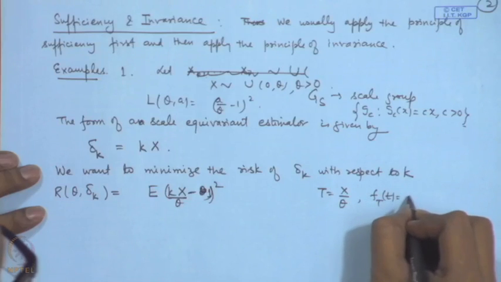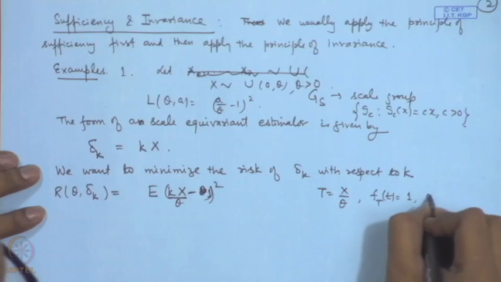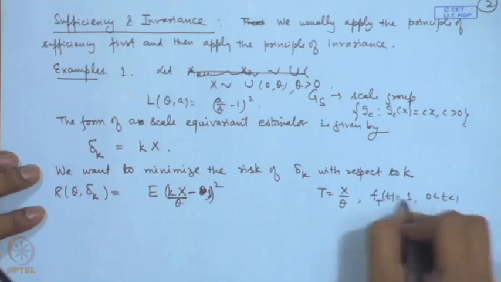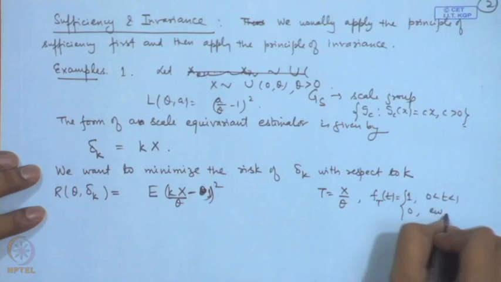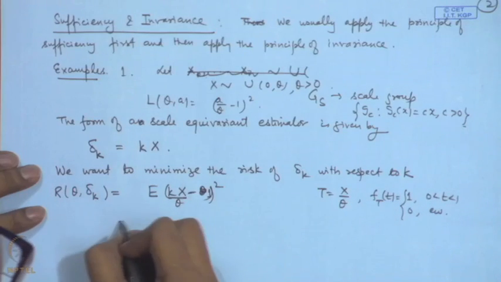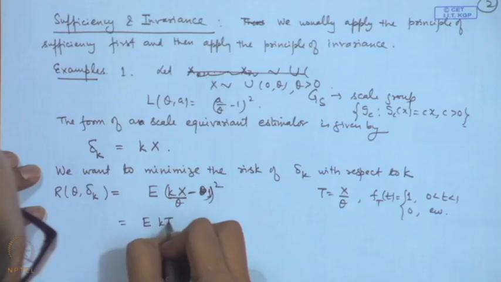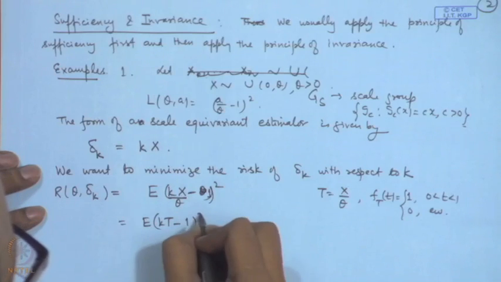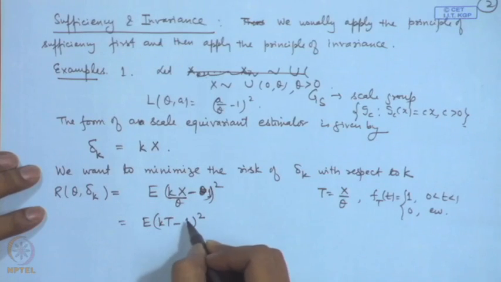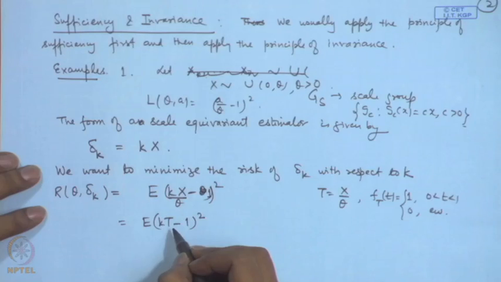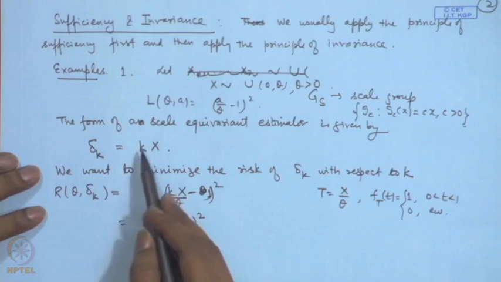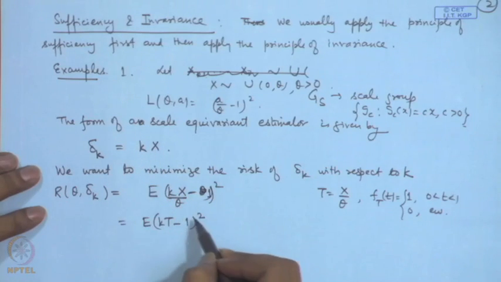That is uniform 0 1. So, we can write it as expectation of (k t minus 1) square. That means, the risk function of the equivariant estimator is independent of the parameter.